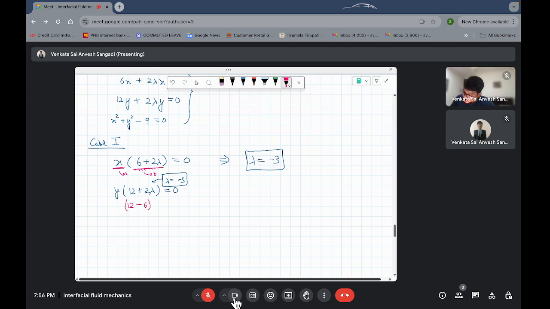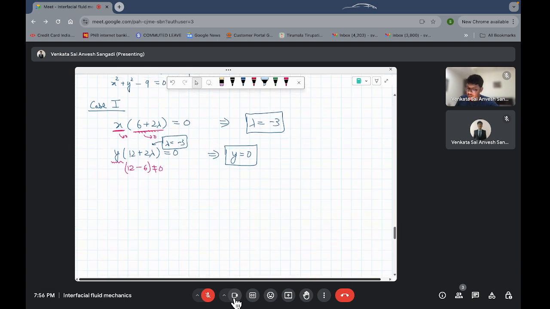So this term is not equal to 0, and therefore for this equation to hold true, y has to go to 0. So this implies y is equal to 0.